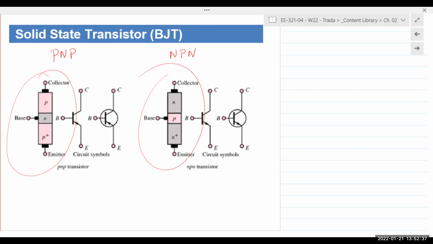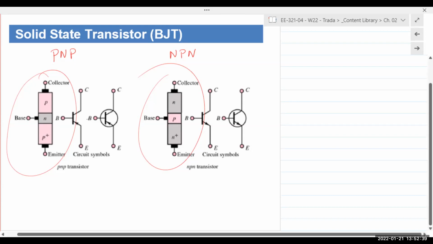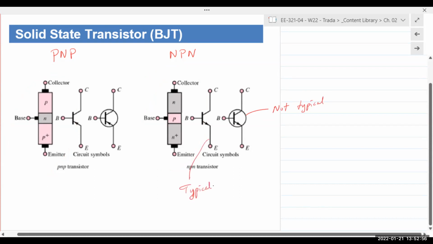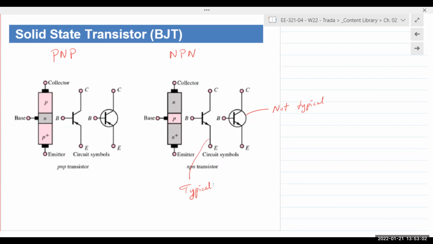The symbol for a transistor or a BJT is given right here. For circuit symbols, more often than not, this is not typical. We would not have this kind of circle in there. This is far more typical. Also, most of the common transistors in use are NPN.